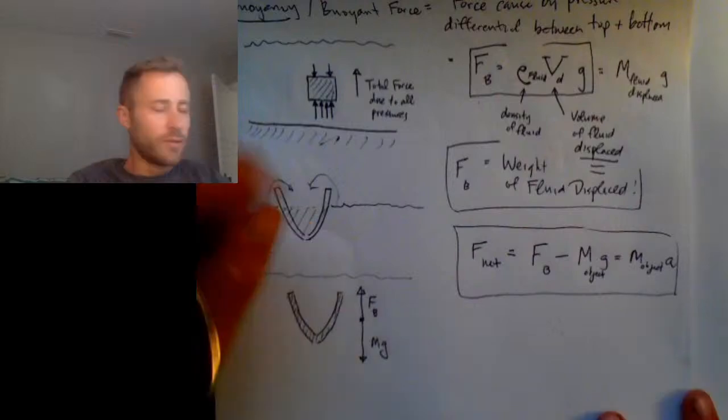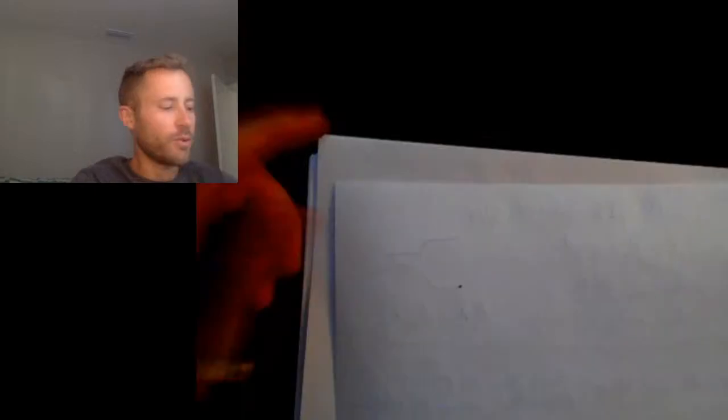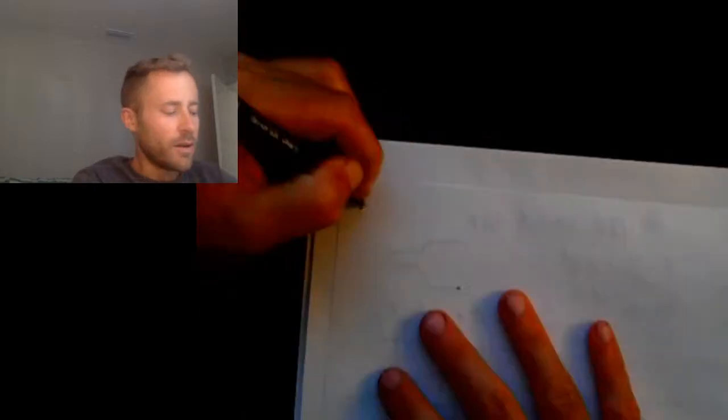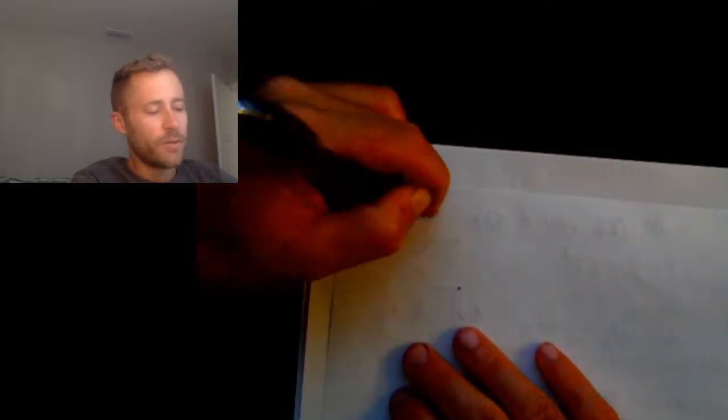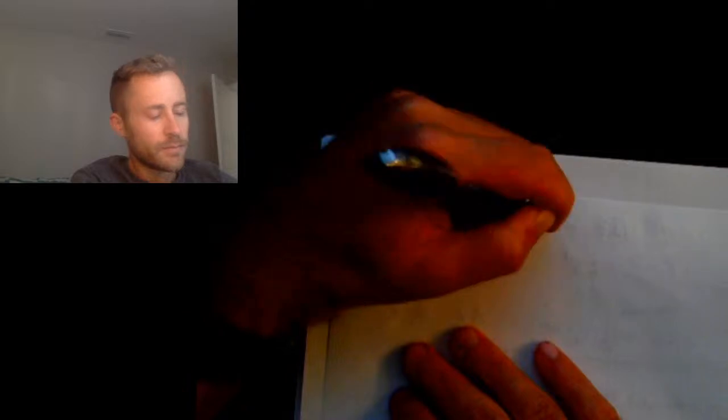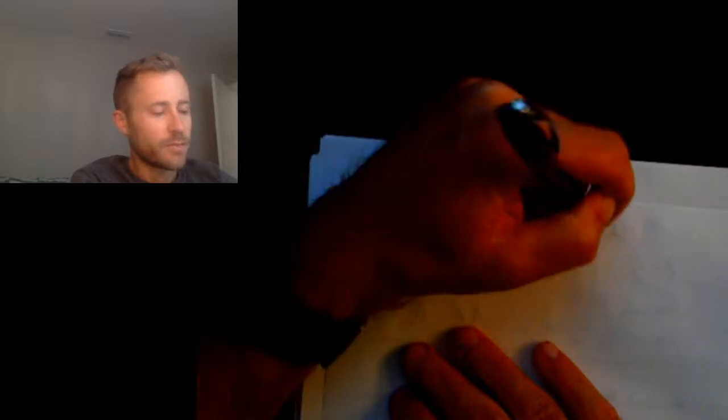So let's do a couple of problems with the buoyant force just to show how this works. So the first one is a hot air balloon. Hot air balloon must carry 200 kilograms.